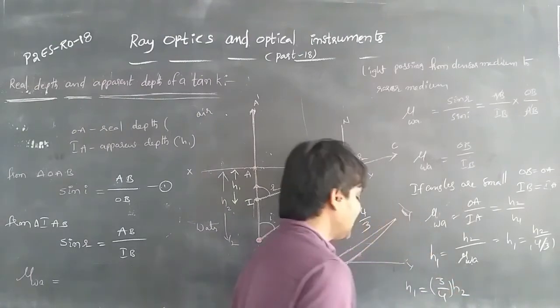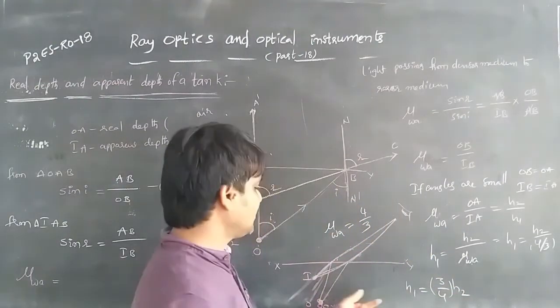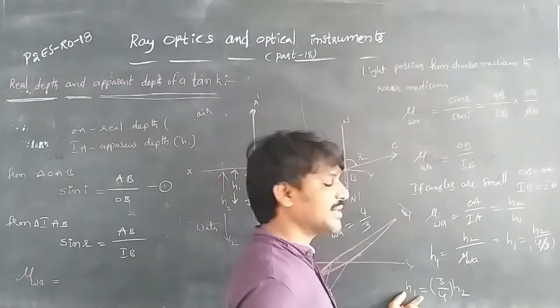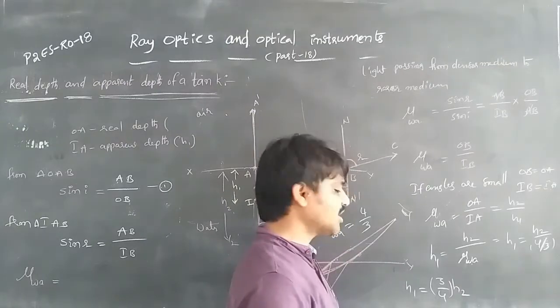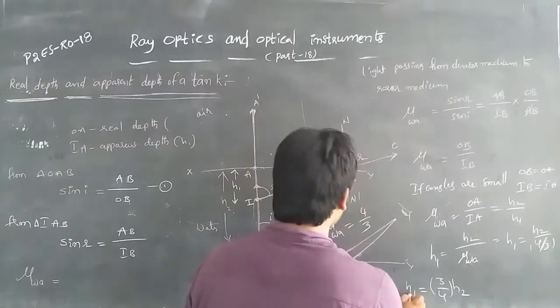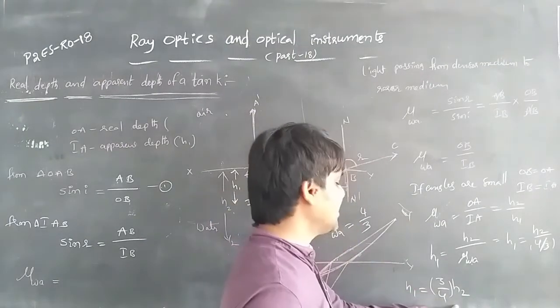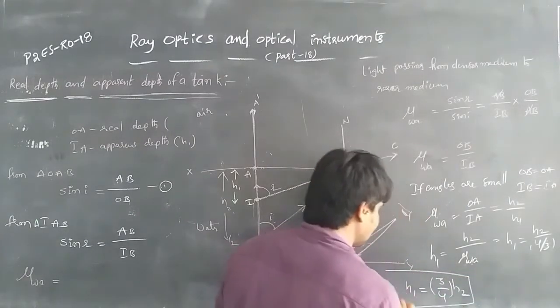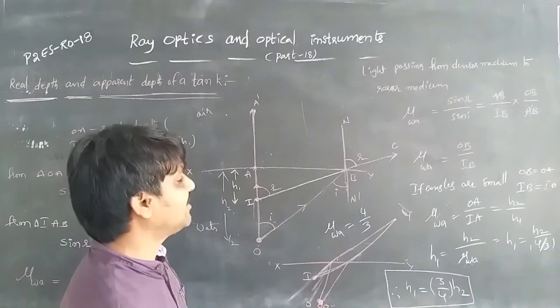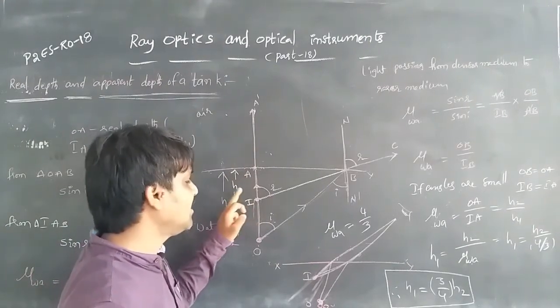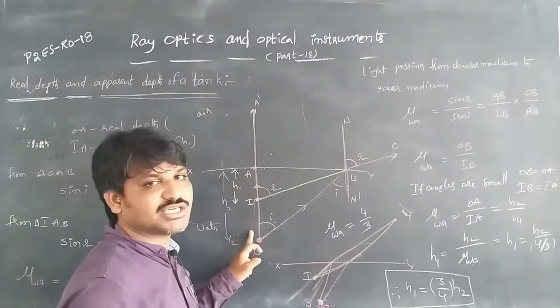Means the apparent depth is 3 by 4th of the real depth, where H1 is the apparent depth and H2 is the real depth. This is strictly valid for normal incidence only.